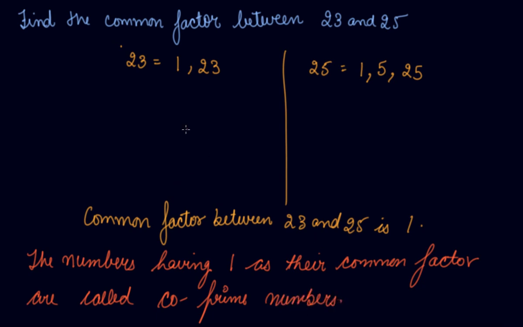So the numbers having only 1 as a common factor are known as co-prime numbers, and this is how you find out the common factor. First take out the factors of both the numbers and then see the common factors and write them down. If there are no common factors, since 1 is a factor of all the numbers, 1 will be the common factor. And the numbers having 1 as a common factor are known as your co-prime numbers.